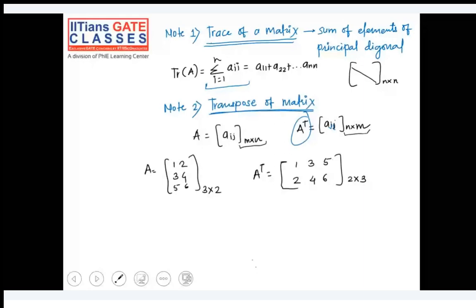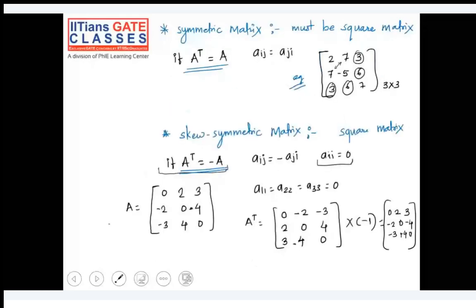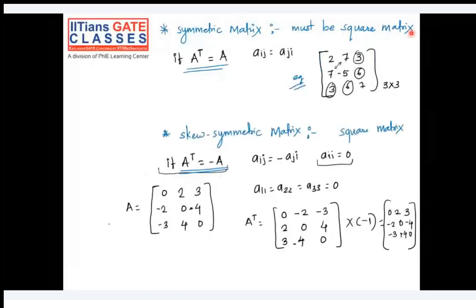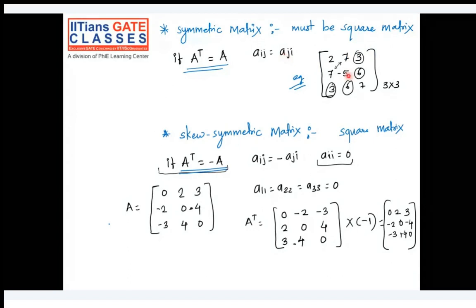So it should be a square matrix first of all. So the requirement is it must be a square matrix. And then if Aij is equal to Aji, then only that matrix is called a symmetric matrix. Will there be any restriction on the principal diagonal terms in case of symmetric matrix?